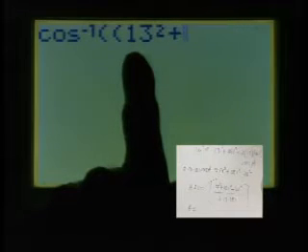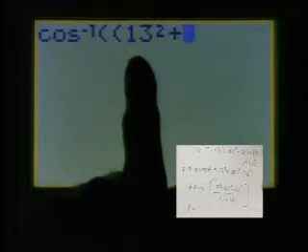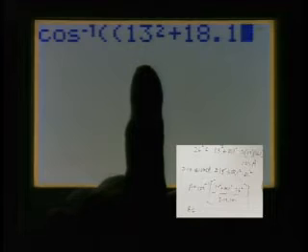So we're going to take the inverse cosine. Now you have to be very careful here to make sure all this stuff is right. Watch this inverse cosine expression. I need a new parentheses here to stick the numerator, all the arithmetic in the numerator. The 13 squared plus the, well, I can't remember. I'm just going to use 18.1 because I don't trust what I stored in the memory.